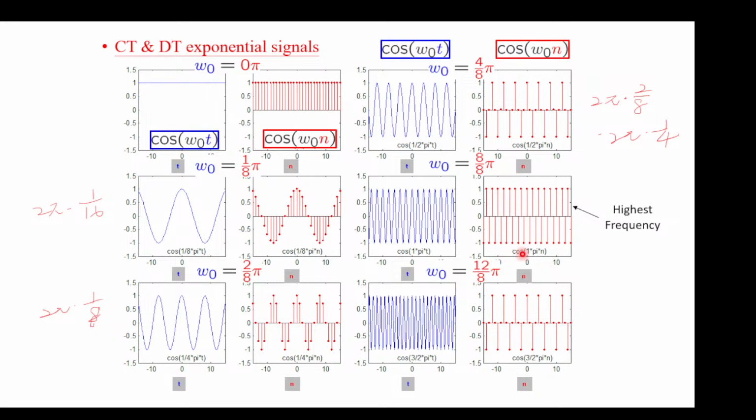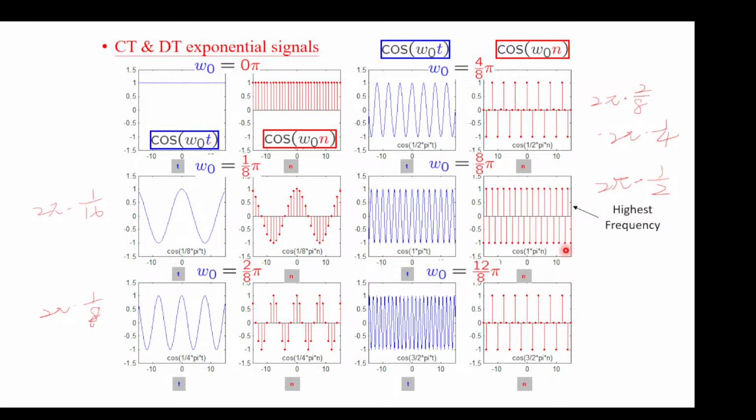This is the most change you can get. Here omega naught equals 2 pi times 1 over 2, so the period is 2, because going from 1 to minus 1 and repeating is one period.